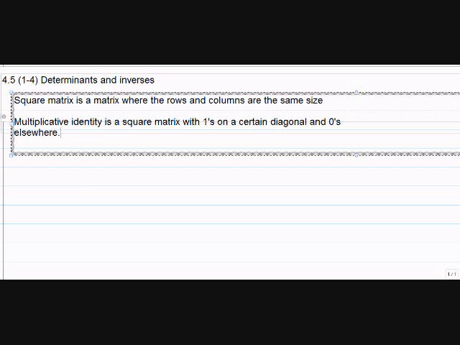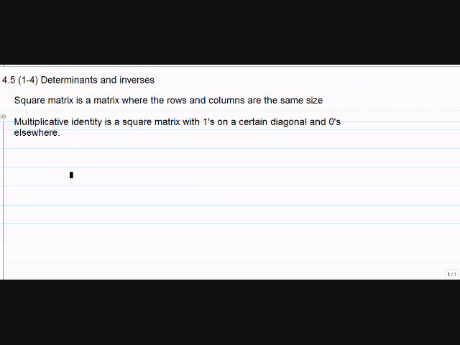So what does that mean? I'll give you an example of some multiplicative identity matrices. A 2 by 2 multiplicative identity would be 1, 0, 0, 1. The ones have to be on the diagonal from the upper left to the lower right.